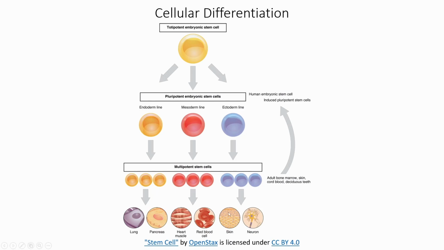Whereas the ectoderm line is going to be the outer linings like your skin as well as your nervous system, so neurons. And so when we're looking at adult stem cells, we're looking here at the multipotent stem cell lines. But again, you have them to regenerate cells that need it throughout your lifetime.